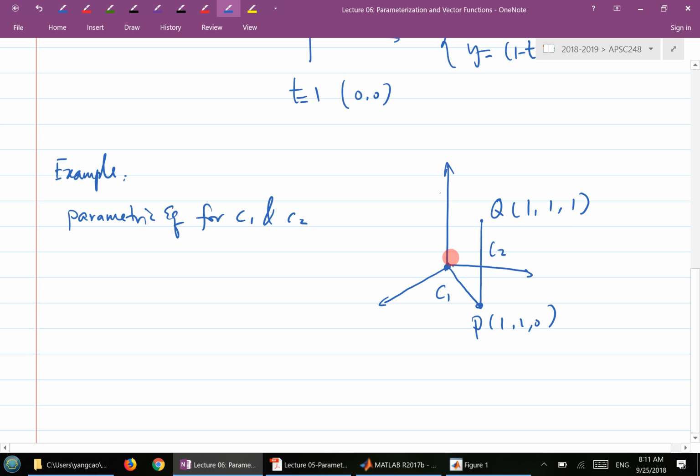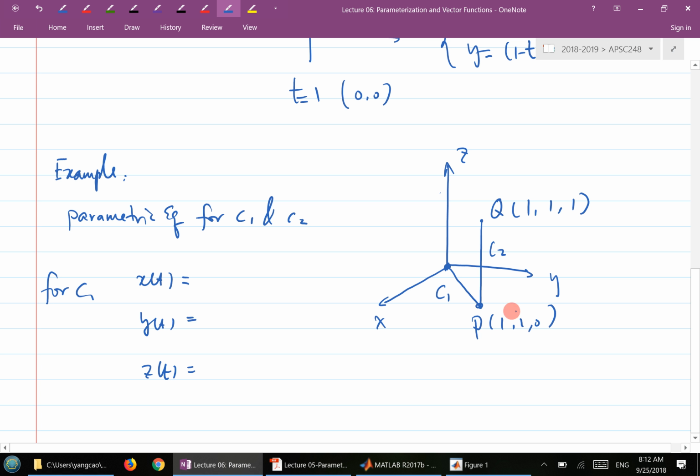C1 is the straight line between the origin and P, which is 1, 1, 0, meaning C1 is inside the xy plane. So the parametric equation you're looking for means we're looking for what is x of t, what is y of t, and what is z of t.